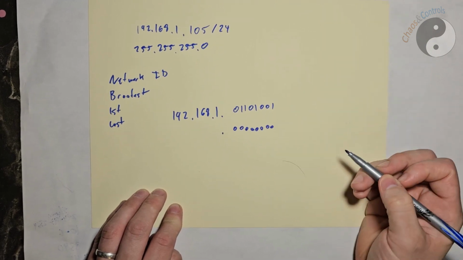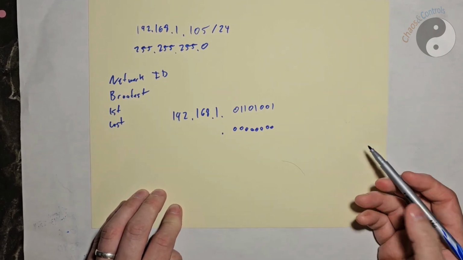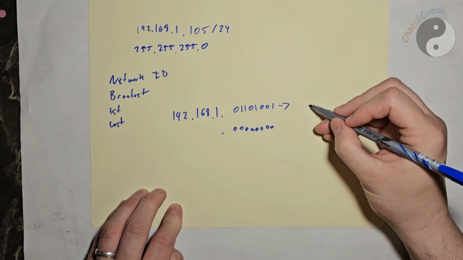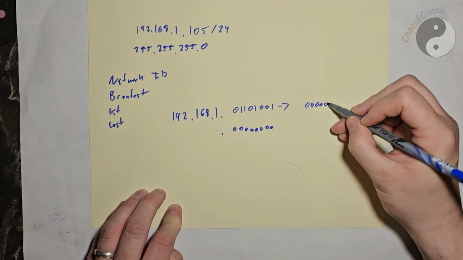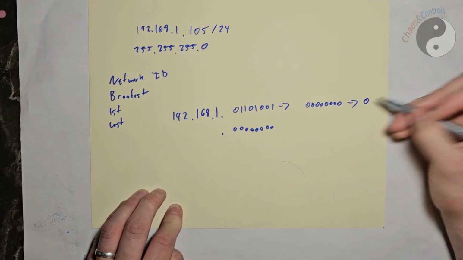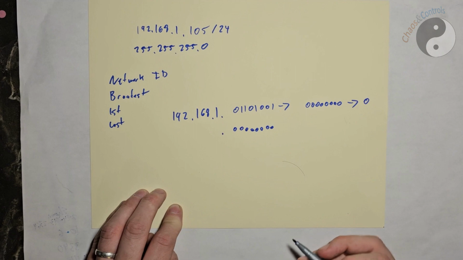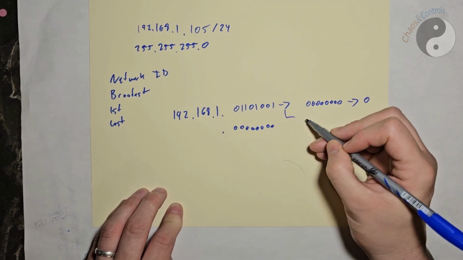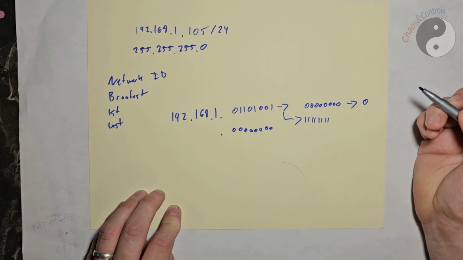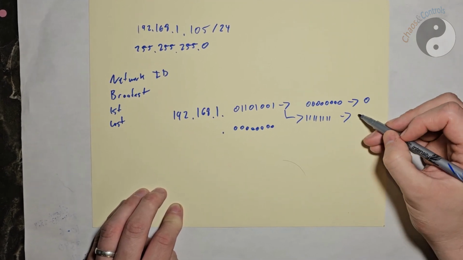The way that I find my network ID is I set all of these host bits to 0, which of course in decimal we say is equal to 0. And if I want to find my broadcast ID, we set everything to 1, which would be 1, 1, 1, 1, 1, 1, 1, 1, which hopefully you recognize as 255.